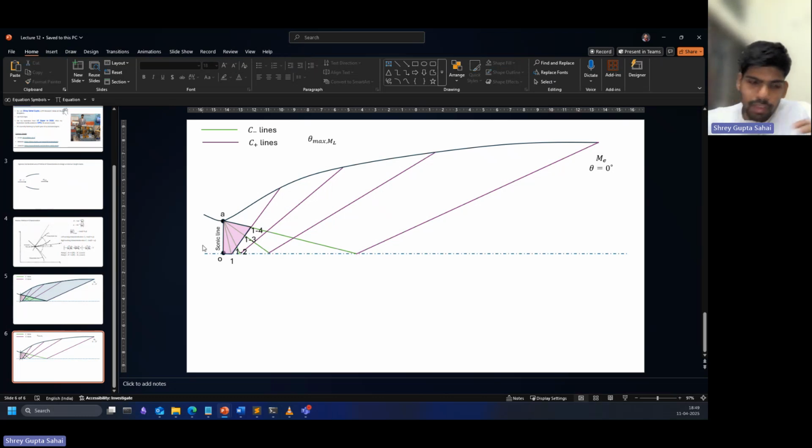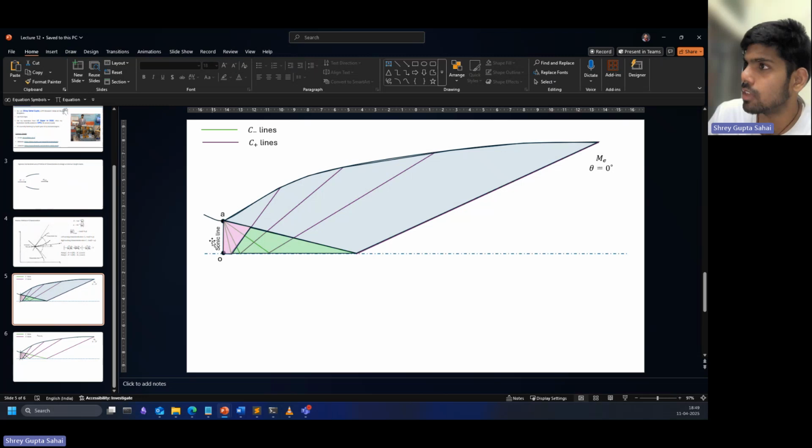If you think about it, the flow in this part of the region first expands by a series of C minus waves and then by C plus waves. In this part of the flow, it does not expand by all of the C minus waves, but by some C minus waves and then some C plus waves. So a combination of C minus and C plus waves.